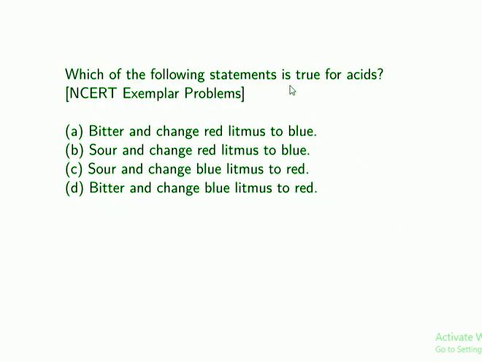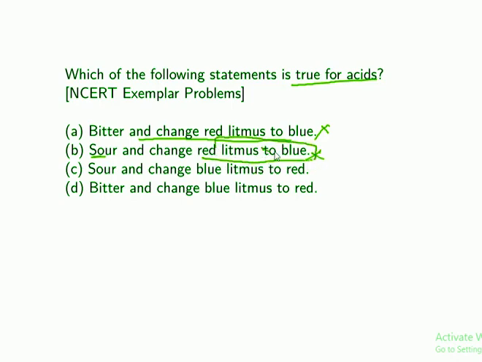Which of the following statements is true for acids? While learning the chapter itself, you have known about acids, bases, and salts and their tastes, right? Bitter and change red litmus to blue is wrong. Sour and change red litmus to blue is again wrong. Yes, of course, acids are sour, but they do not change red litmus to blue.